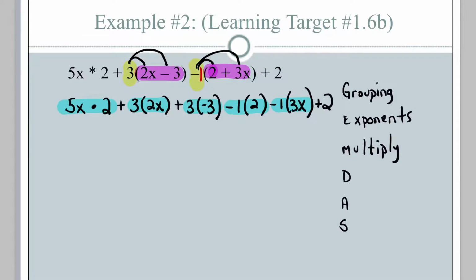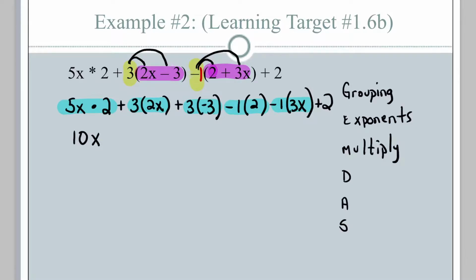And so simplifying these terms, we know that when we multiply a term with a variable, we are just going to multiply the coefficient so that we have 5 times 2, which is 10, and then the variable is just going to remain as is.